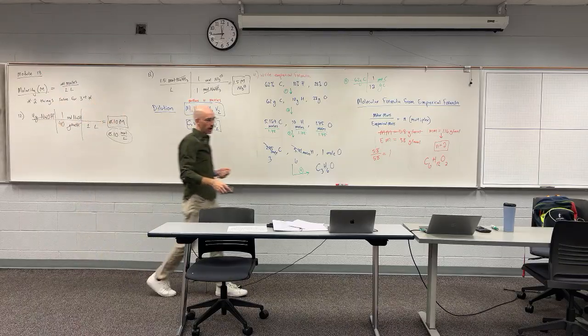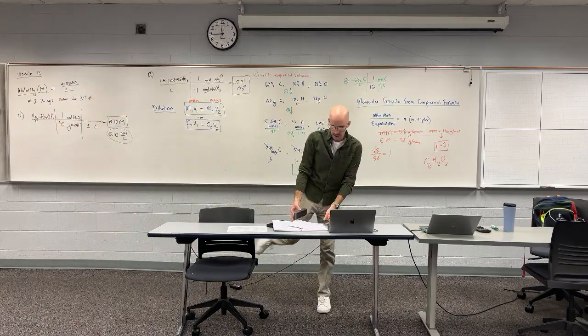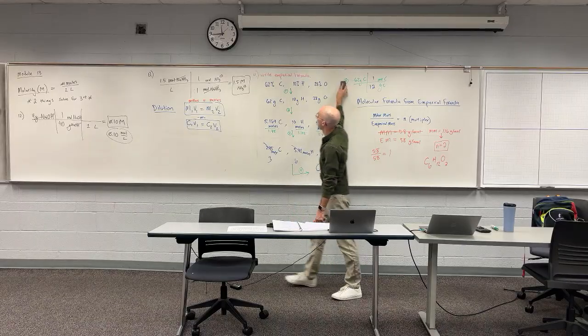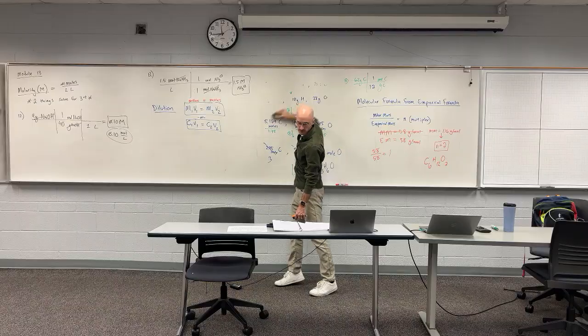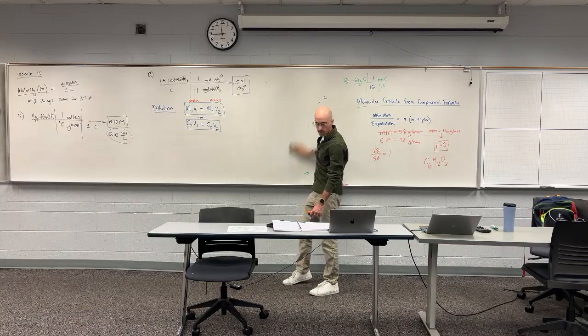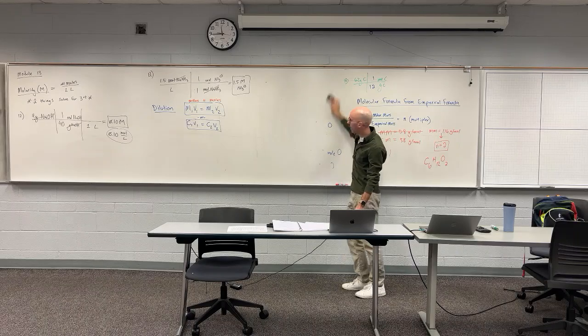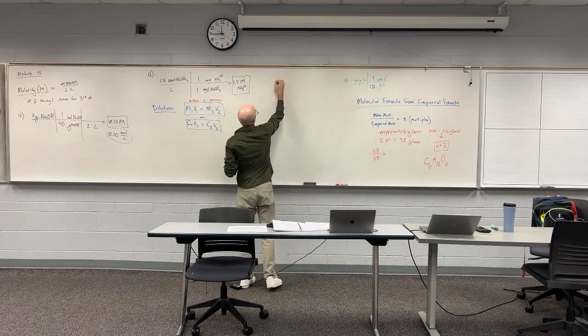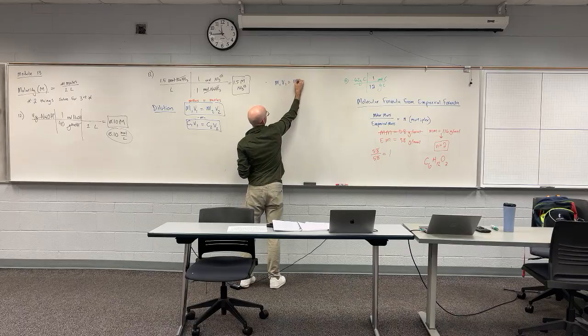So let's solve one of these problems together. A sample of 1 molar hydrochloric acid needs to be diluted to 200 milliliters at 0.1 molar. What initial volume of 1 molar HCl needs to be used? M1V1 equals M2V2.